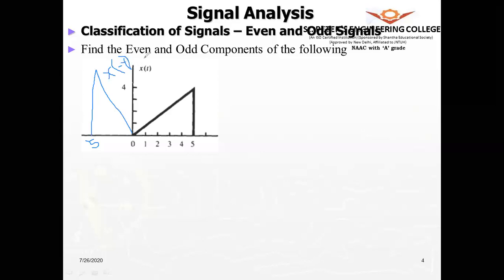The amplitude remains the same, 4. So we hope we understand how we find x of t and x of minus t.